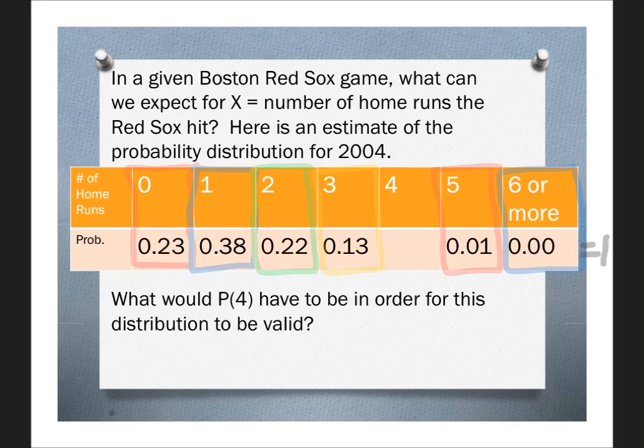So you're going to take 1, subtract 0.23, subtract 0.38, subtract 0.22, subtract 0.13, and subtract 0.01, and you get 0.03. So now if you were to add all of these probabilities together, you would get 1.